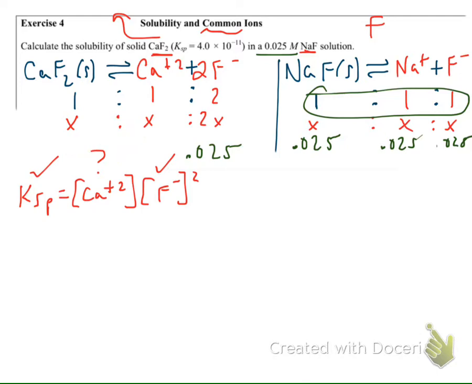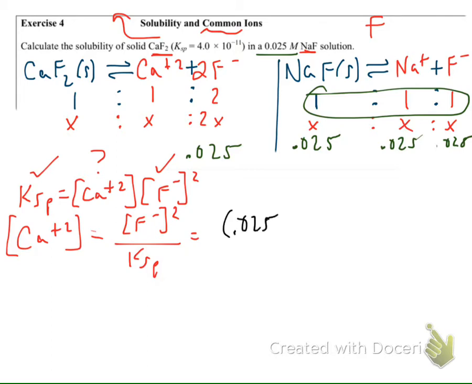And so we can say that Ca plus 2 concentration equals KSP over F minus squared, which is, I'm going to use a different color, boring black, 4.0 times 10 to the negative 11 over 0.025 squared.